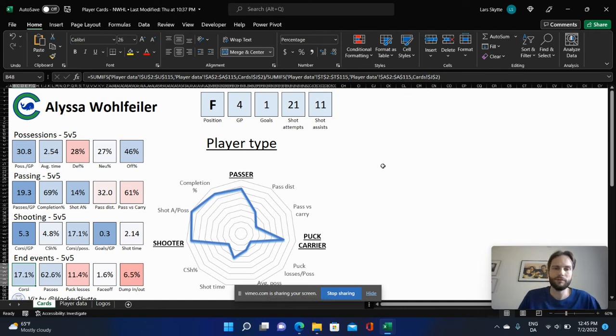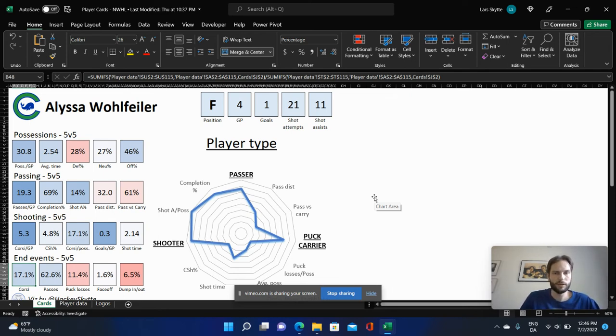So that's how I define puck carrying. Alyssa is a passer, she's a shooter, she's somewhat of a puck carrier as well, and she has a fairly high completion rate, so she completes a lot of her passes, and she has a very high shot assist rate, so she has many shot assists per puck possession.